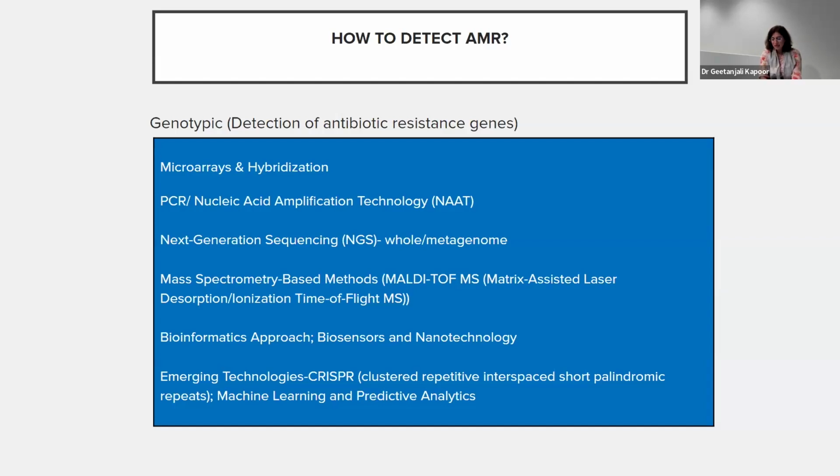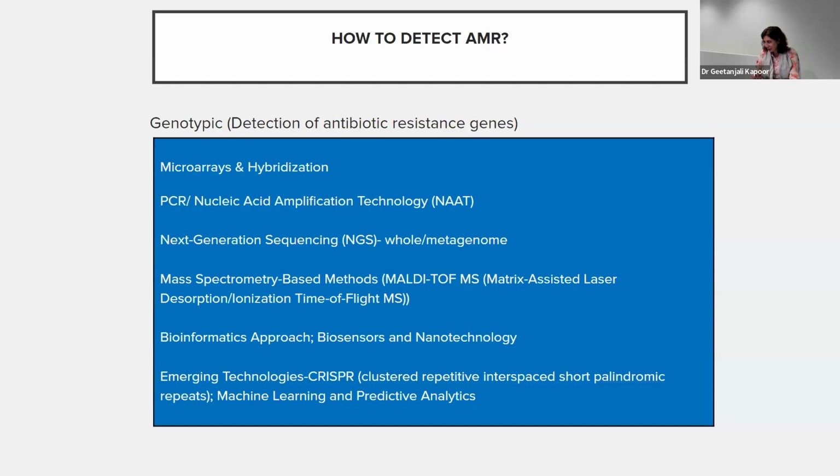Then you also have the mass spectrometry-based methods. Commonly, you would have heard the terms MALDI-TOF MS. This is a laser desorption technique, and these are also very popular for detection of antibiotic resistance.